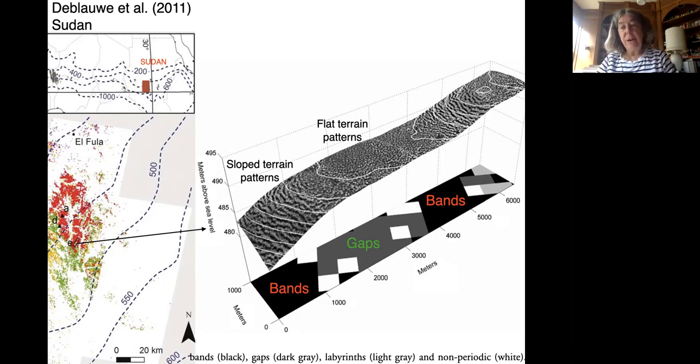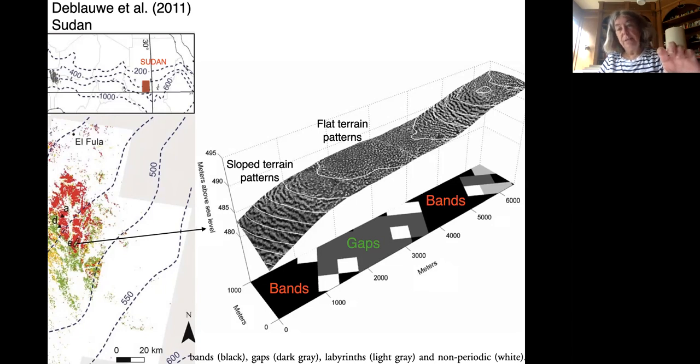And the thing I want to point out is that you get these flat terrain patterns, the gaps, in that region where that strip of land is really flat, and you see the bands in the regions where it's sloped, but the slopes are really modest. If you look at this, that strip is 6 kilometers in length, and in the vertical, it's measuring the elevation in meters, going from, I don't know, 480 something up to 490 something.